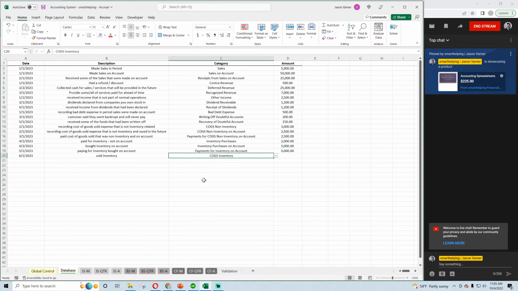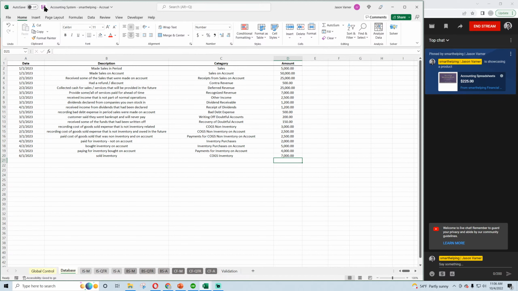So we put cost of goods sold inventory, and this is that cost. And let's say you sold everything you've bought in so far. So your cost of goods sold is going to be, even if you haven't paid for it yet, so it would be 5, 6, 7,000 worth.